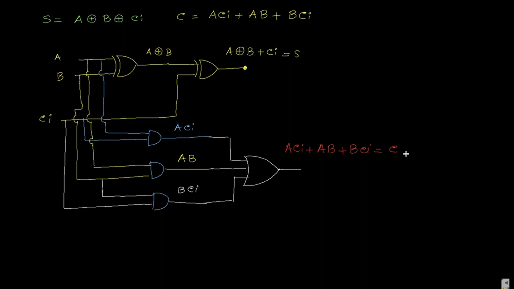Okay, so this is all about the full adder circuit. Now coming to the question, we have to know about the multiplexer. Now we can say it as MUX, that is the multiplexer circuit.